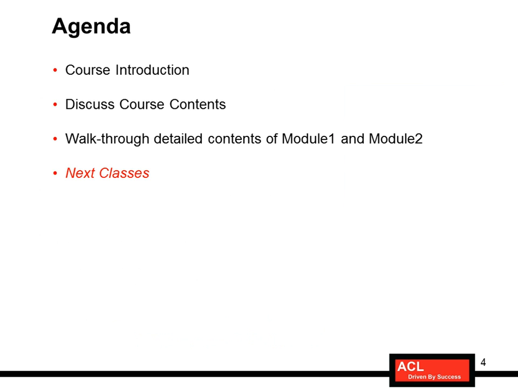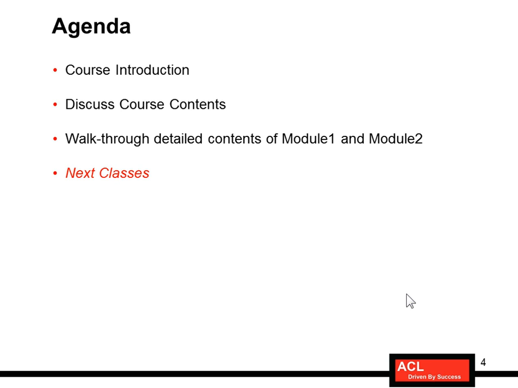The agenda of this course is a brief course introduction. I will walk you through the course contents and then the detailed contents of the course, which is divided into 2 modules. They are not small modules, they are big modules in themselves, and basically cover a number of hours of training on Joomla.